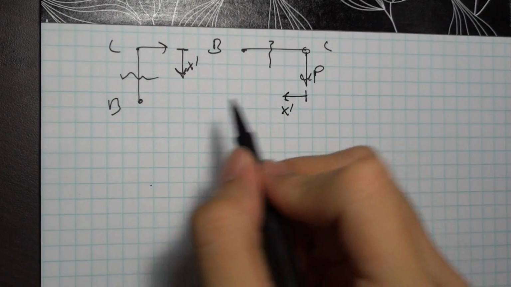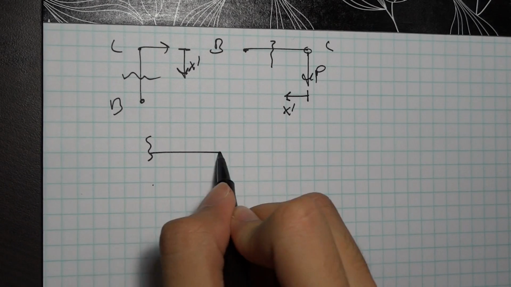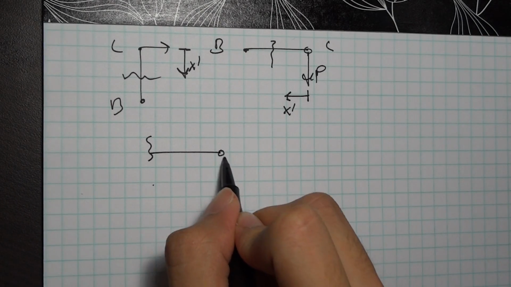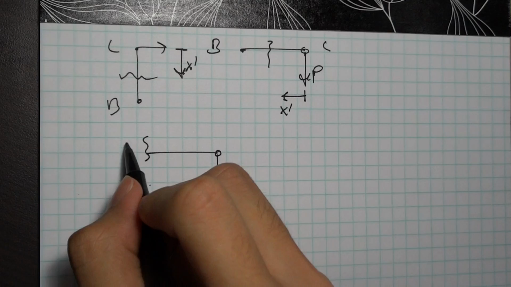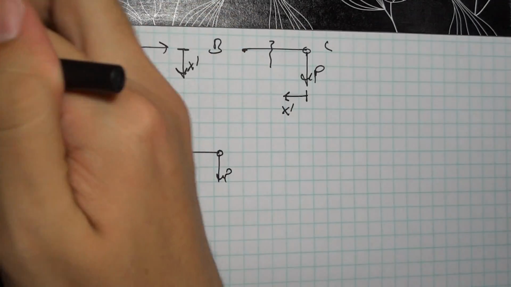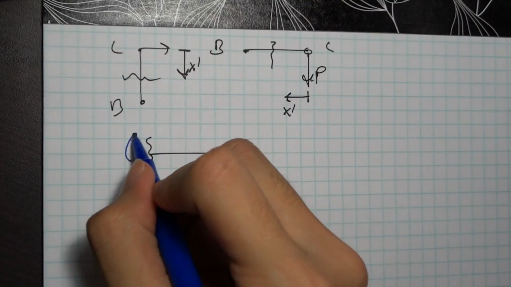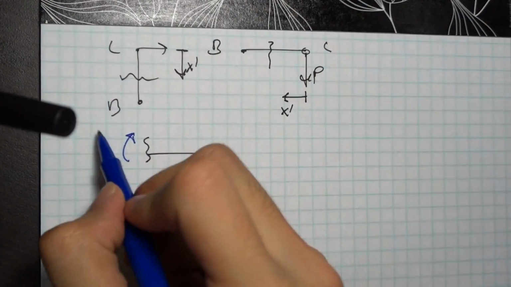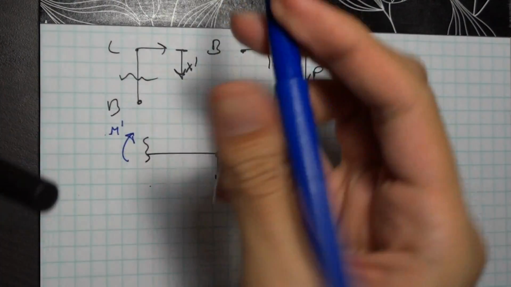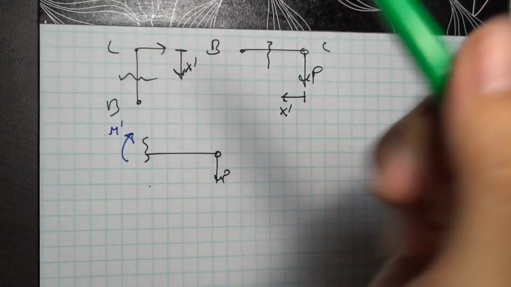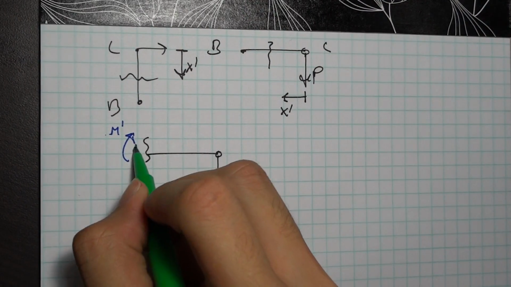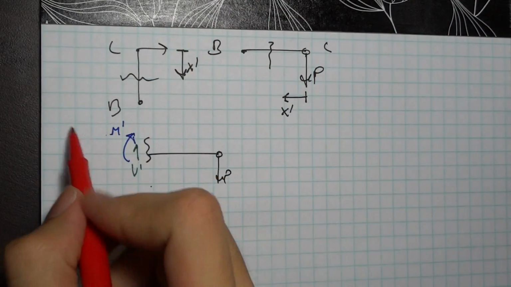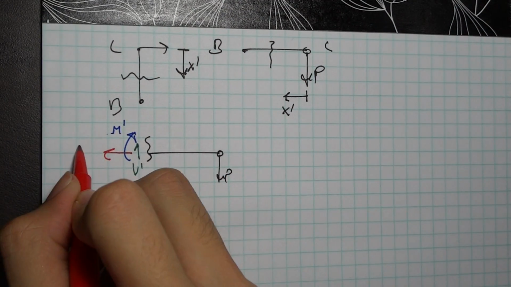So when I look at this, I need to look at this as saying that my moment is this way. We'll call this M prime. My shear is this way. We'll call this V prime. And my axial force is this way.